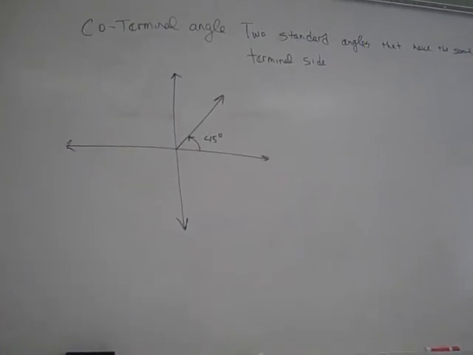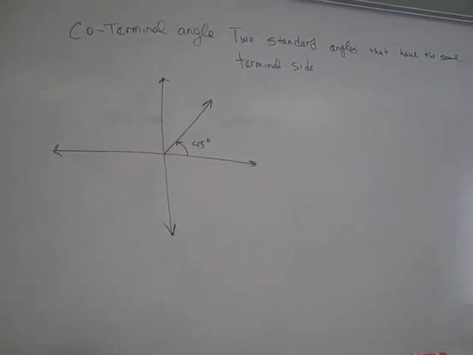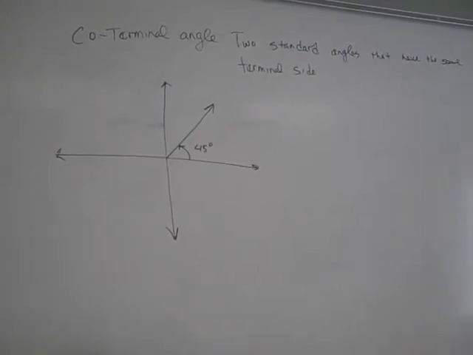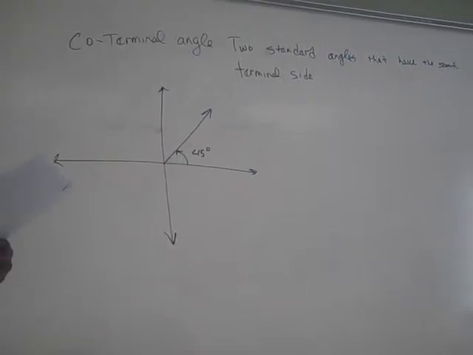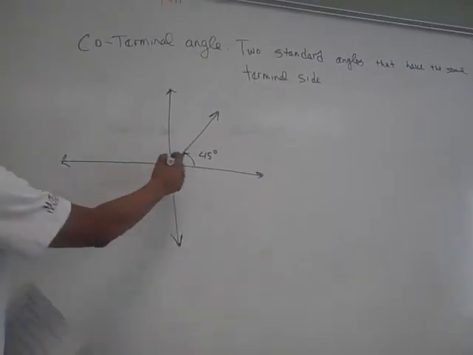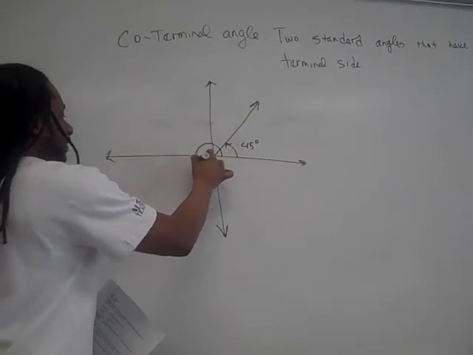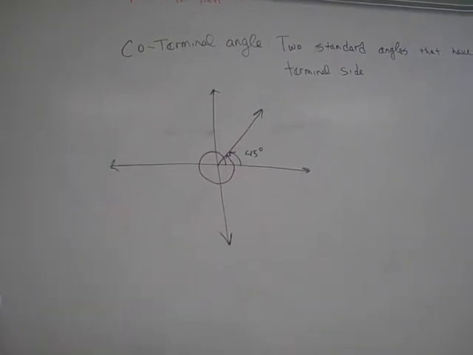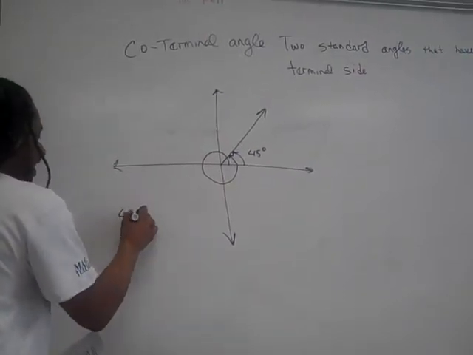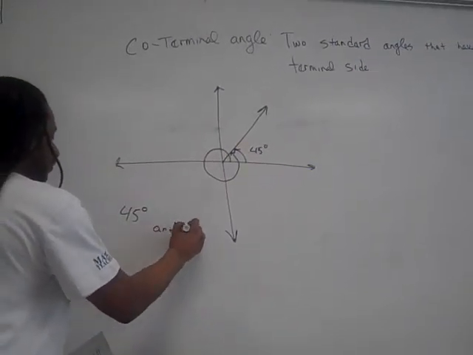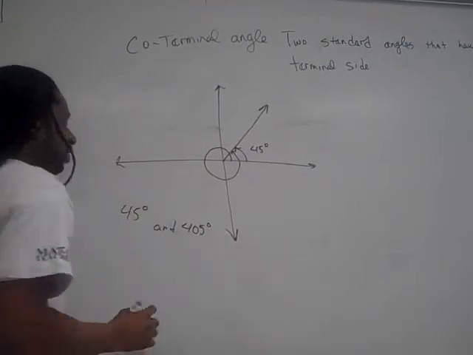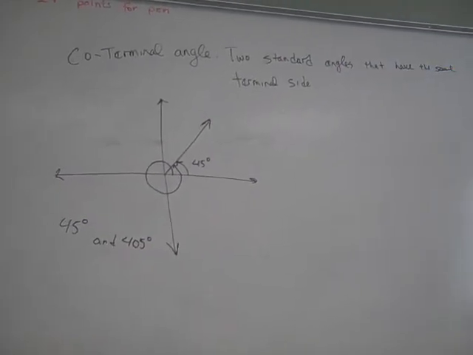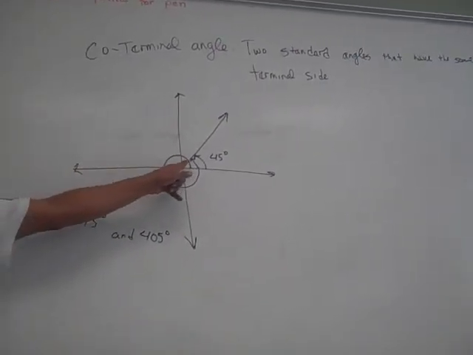So what am I doing? I'm adding 360, folks. So, you're absolutely right. I go around, come to 360, and then add 45. Isn't that about 405? So, 45 degrees and 405 degrees. These are both coterminal angles. Why? They both started and ended at the same place.